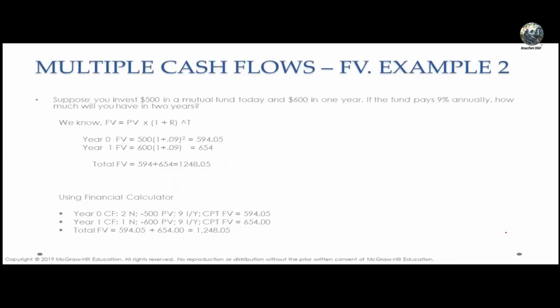This is another example of multiple cash flows. Suppose you invest $500 in a mutual fund today, and 600 in 1 year. If the fund pays 9% annually, how much will you have in 2 years?